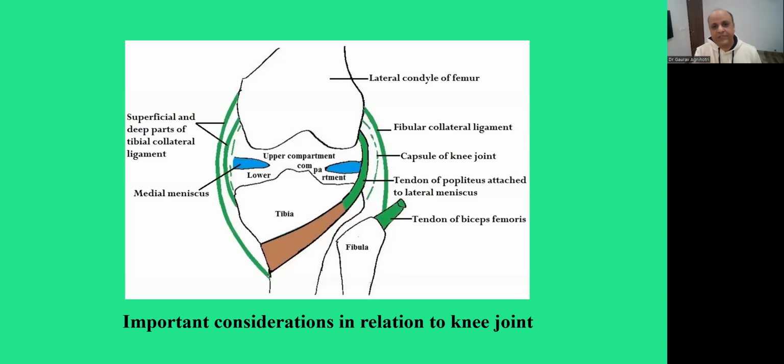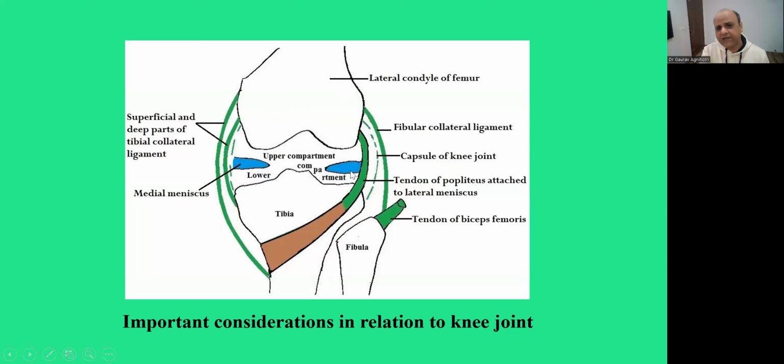Here one can appreciate how the menisci divide the knee joint into superior, or upper, and lower compartments. This is the medial meniscus. Its proximity to the tibial collateral ligament needs to be appreciated. These are the superficial and deep parts of the tibial collateral ligament.